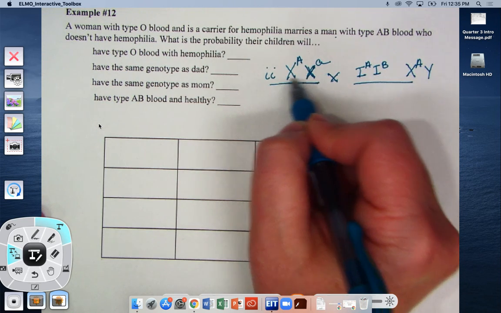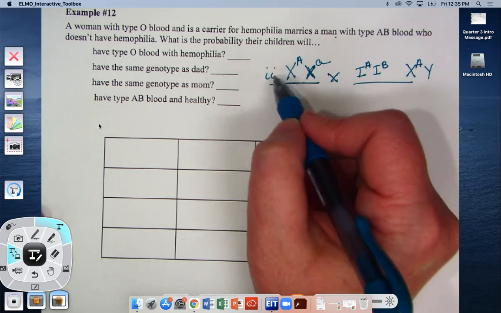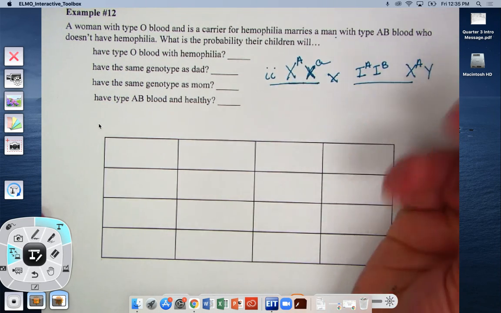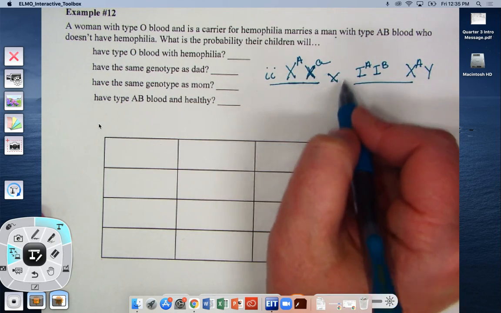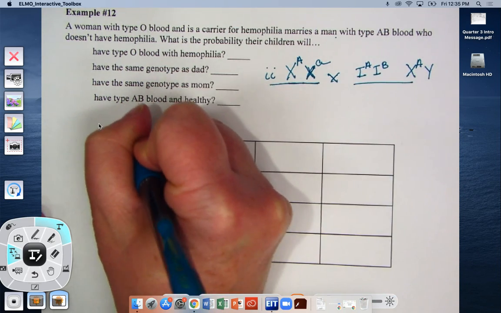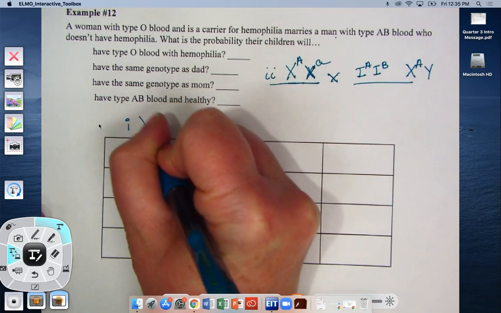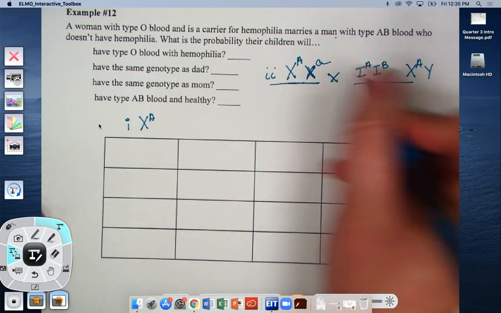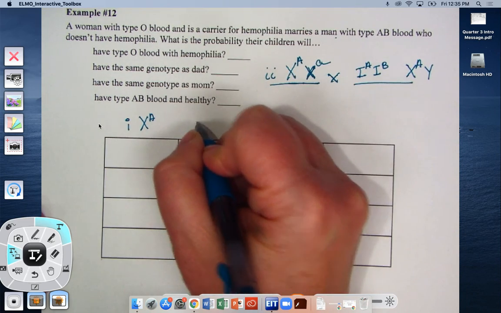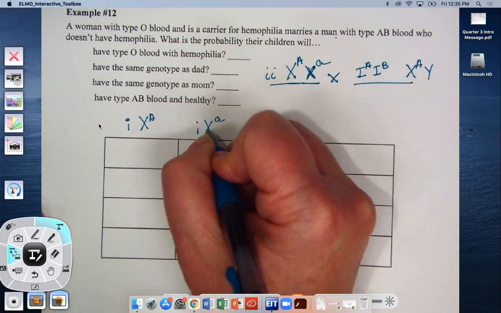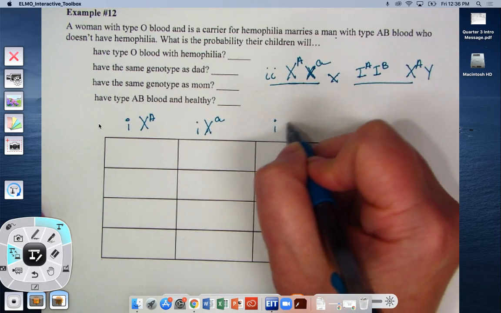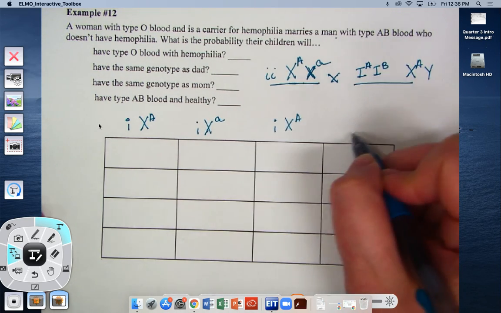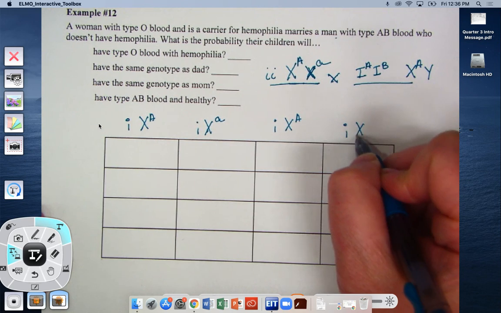Now we're going to FOIL just like normal. The X chromosomes are going to mix with the autosomes with independent assortment. So little i is going to mix with an X^A, or a little i with an X lowercase a, i X^A, i X^a.